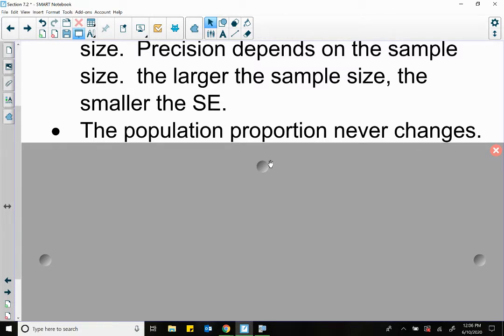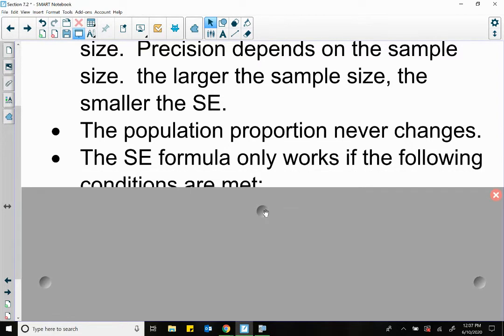When you survey one day, you might have a high volume. When you survey the next day, you might not have that same high volume. You'll have a lot, but not as much as what you had the first day. So your sample proportion for that day will change. But the population proportion is always constant because it is out of everybody. And that doesn't change when it's out of everybody.